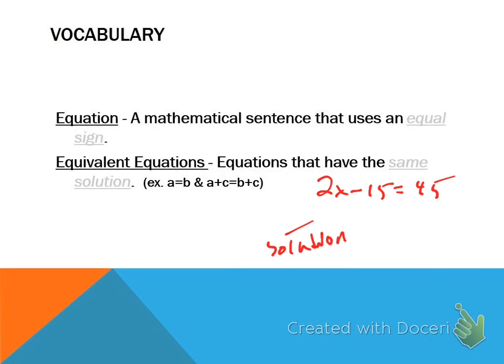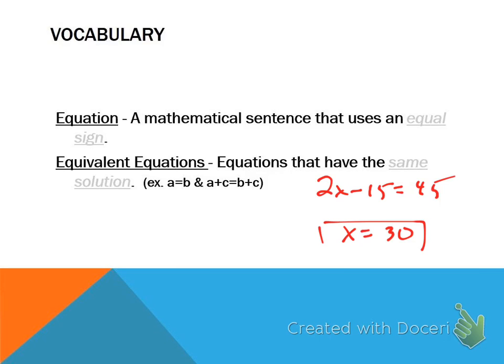And so if I asked you right now, what's the solution? You wouldn't be able to see it, right? But if I gave you this equation and asked you what the solution was, what can I plug in for x to make this sentence true? Hopefully you'd tell me 30.